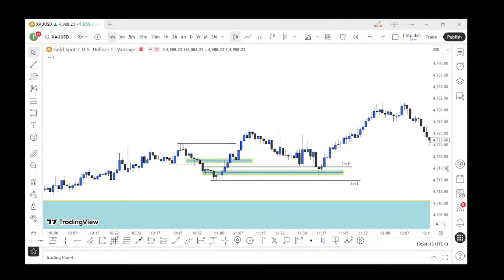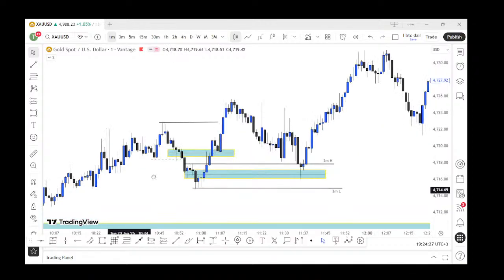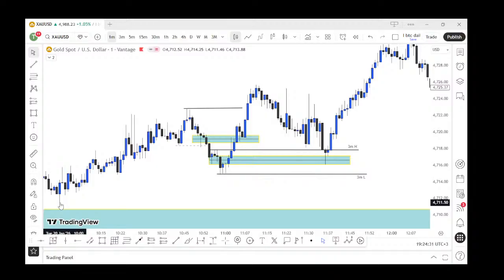Now you can see in the 1 minute time frame, this was an impulsive movement that we had. The market was giving us an uptrend: higher low, higher low, higher low. Then we have this impulsive movement which broke out of the previous higher low. Now we have a new lower low. This was our 3 minutes fair value gap.